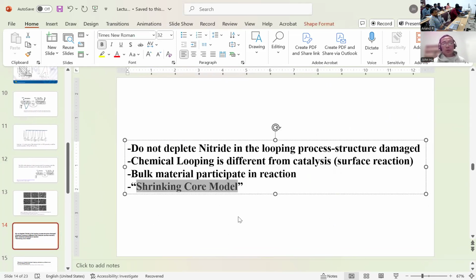So what is shrinking? Before the shrinking core model theory was developed, let's take a look at traditional catalysis.